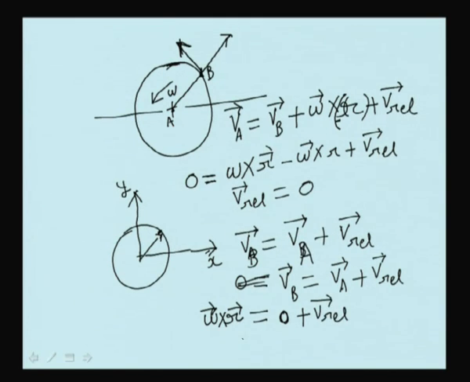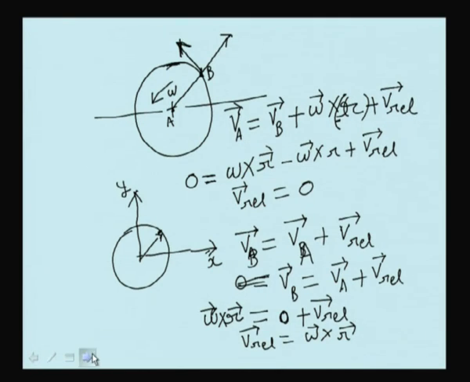So, the relative velocity comes out to be omega cross R. That means, if you attach an axis system at point A, it will observe particle B to have relative velocity omega cross R.